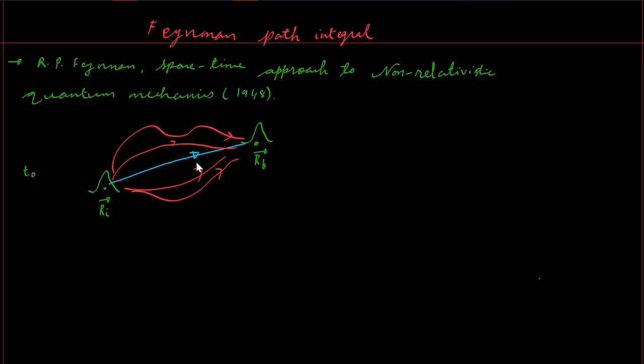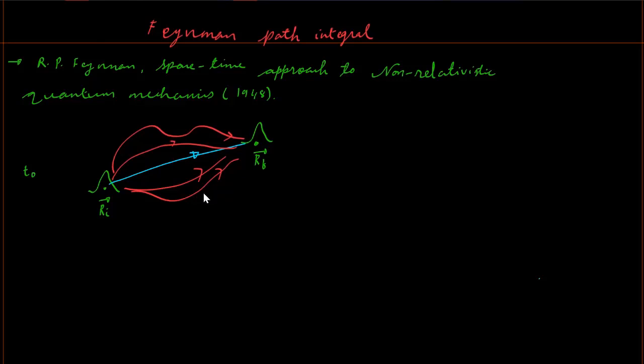Whereas for the classical particle, we also actually have an infinite number of paths, but after extremizing our action, we get the actual path. That is for the classical particle, but whenever we consider the quantum particle, then Feynman says that for a quantum particle, all paths are possible. That is, there is not a single trajectory for the particle.